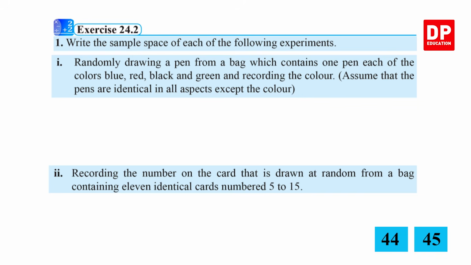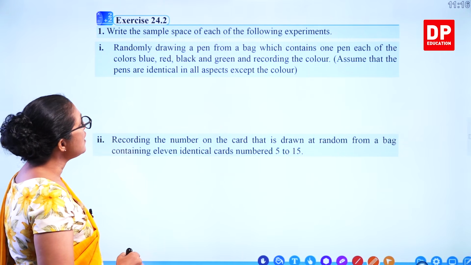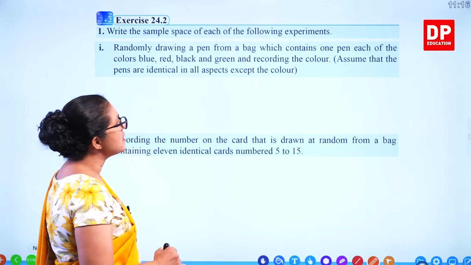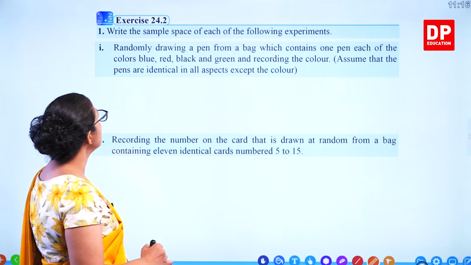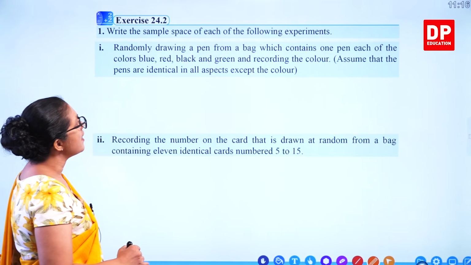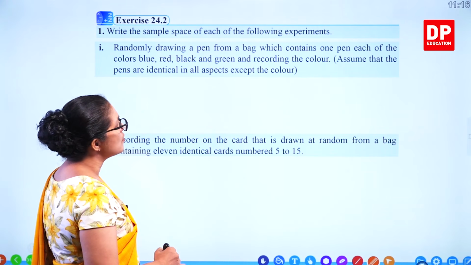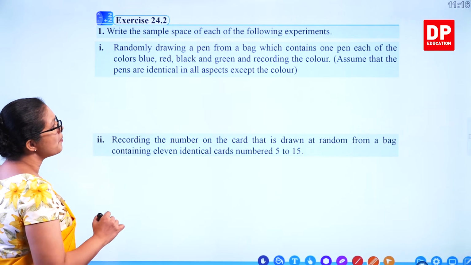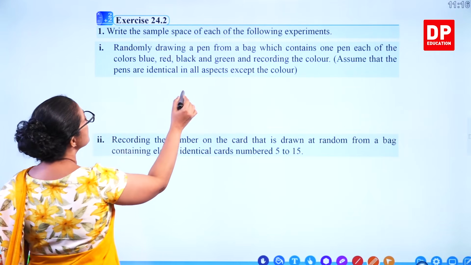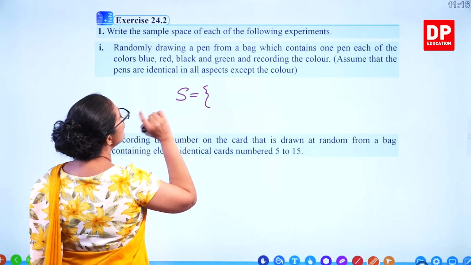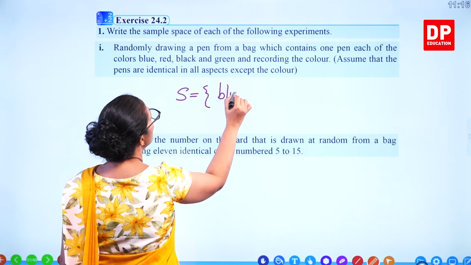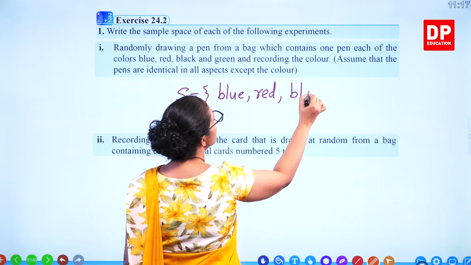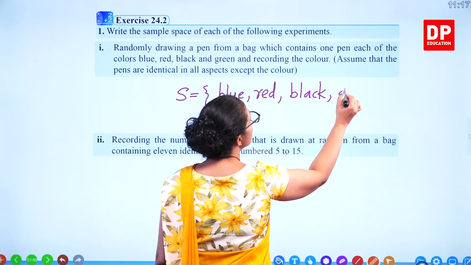Exercise 24.2. Write the sample space of each of the following experiments. Randomly drawing a pen from a bag which contains 1 pen each of the colors blue, red, black and green and recording the color. Assume that the pens are identical in all aspects except the color. So what's the sample space? You can get blue, red, black or green.